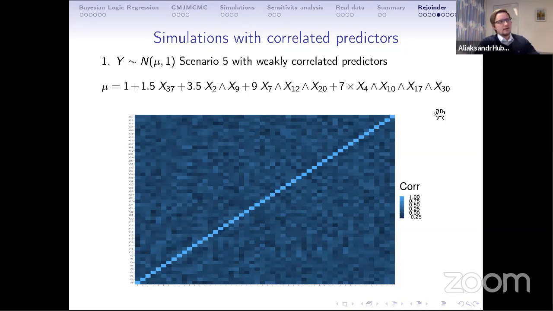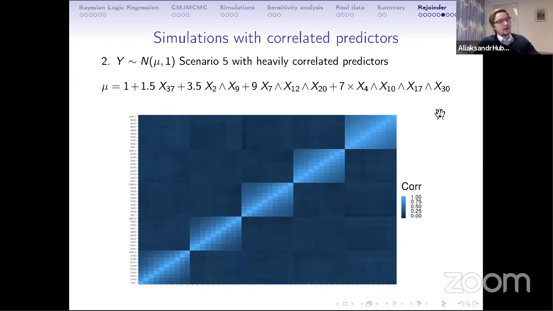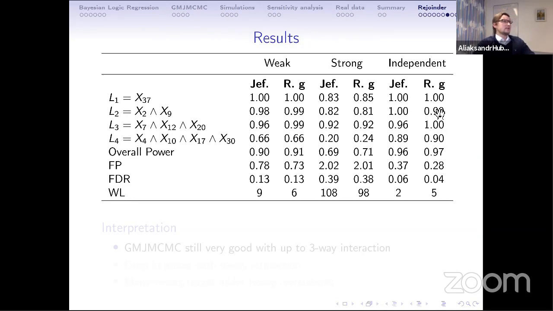But in addition, in the first sub-scenario, we generated correlated predictors. So the x's are correlated with the correlation level varying from -0.4 to 0.4. And for the second sub-scenario, we use this QTL structure of the correlations, where the neighboring markers could have correlations of even above 0.9. Right, so this is a heavily correlated data example, and then we have presented the results.